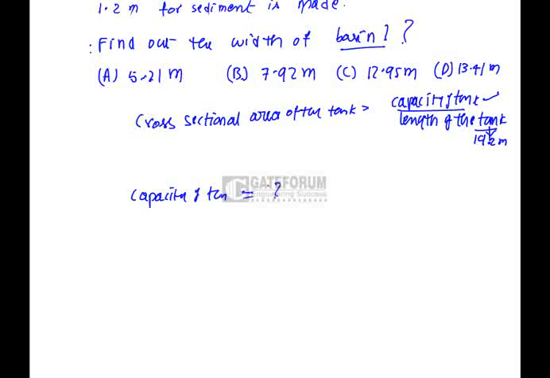How are we going to find it? The total supply of water to be treated is 1.8 into 10 to the power 6 liters per day, during a detention period of 4 hours. So we convert per day into 4 hours, that is equal to 0.3 into 10 to the power 6 liters, that is equal to 300 meter cube.